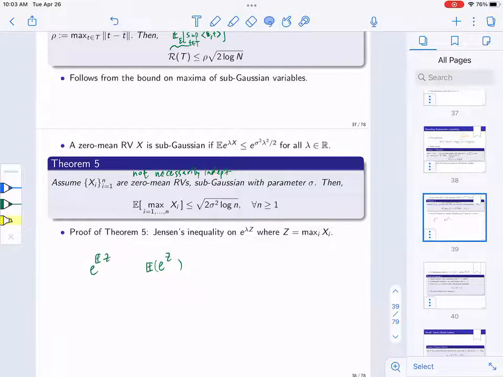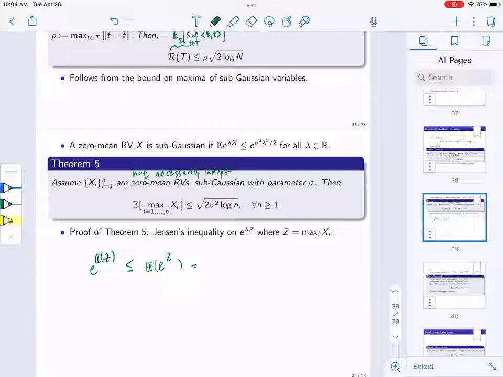Which way does the inequality go? It should go this way. If you pull the expectation outside a convex function, it gets smaller. That's Jensen's inequality.